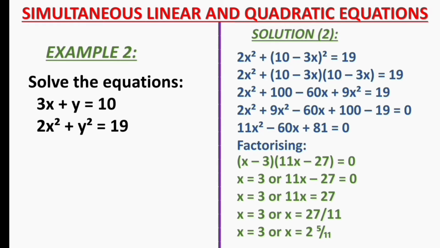Now that we have gotten the answers for x, do you know what we must do to get our answers for y? Of course, we are going to substitute our answers for x into any of the equations 1, 2, or 3. If you substitute, what will be your answers for y? Once again, let's see if your answers are correct.